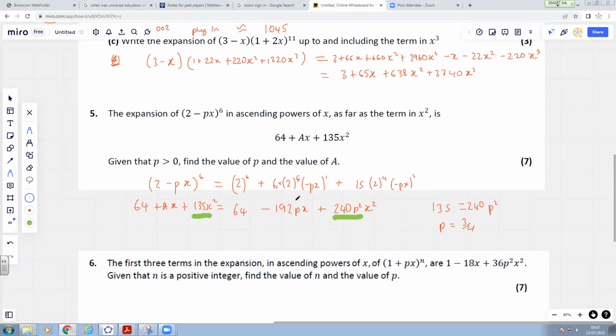We've got p. We can now find a, because minus 192 times p, which is 3/4, equals a. And so we need to find 3/4 of negative 192, and that gives us a is minus 144. And there we go. That's it.